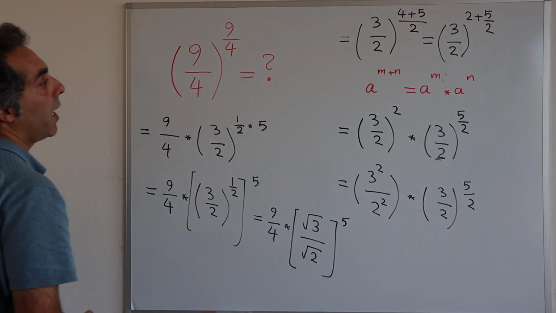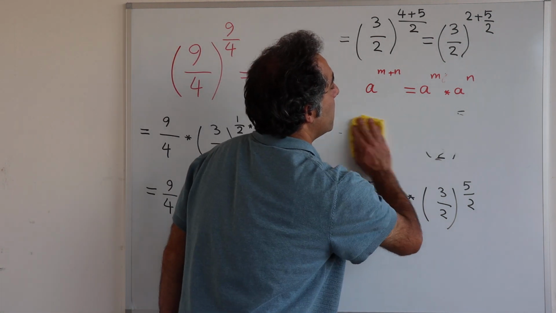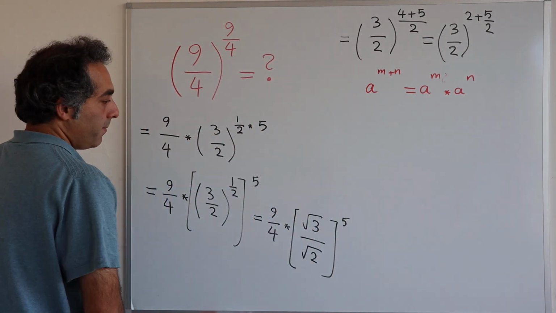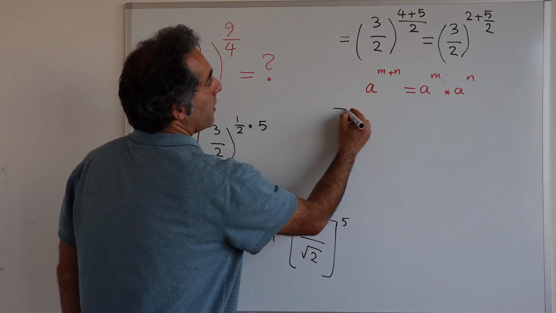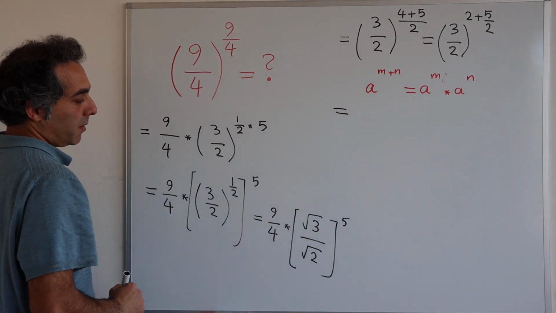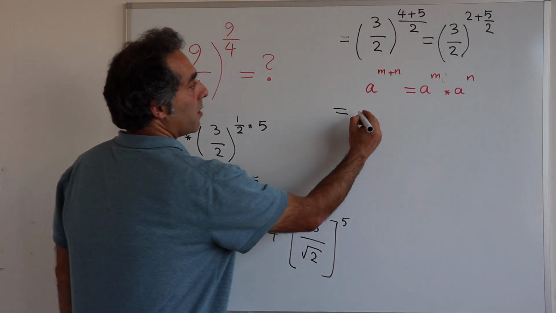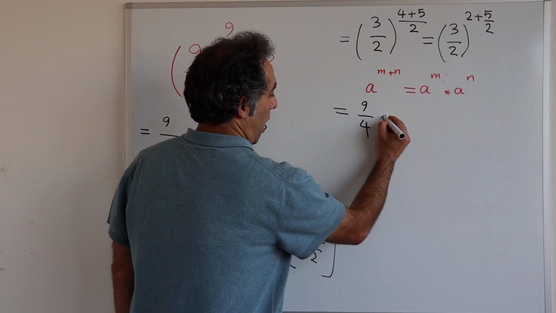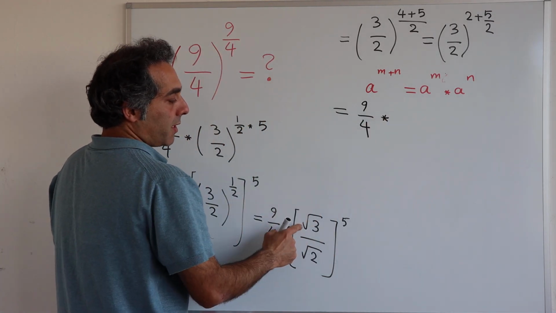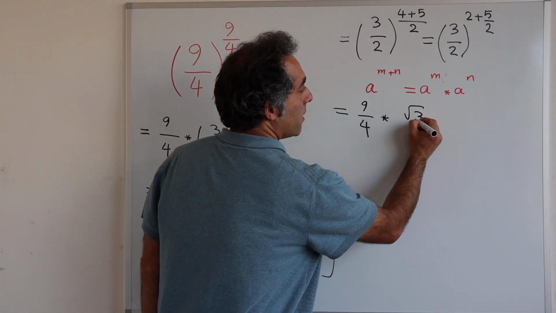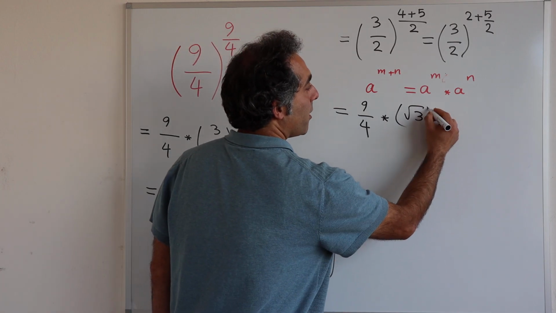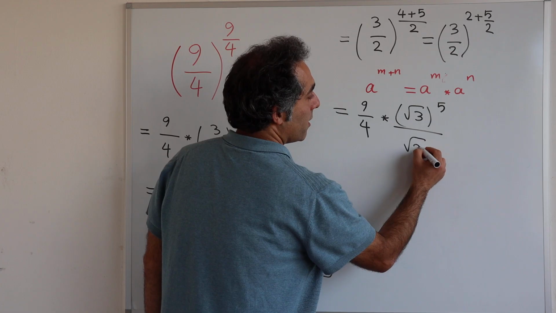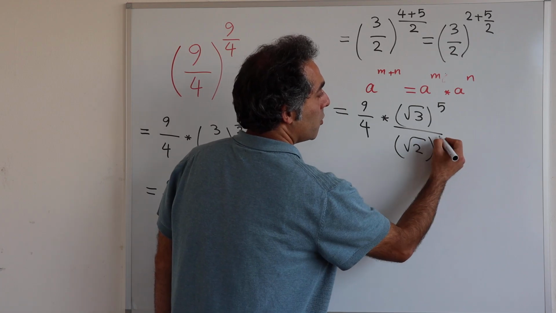Again, I erase this side and write the rest: 9/4 times, for this one, square root of 3 to the power of 5 over exactly the same for square root of 2.